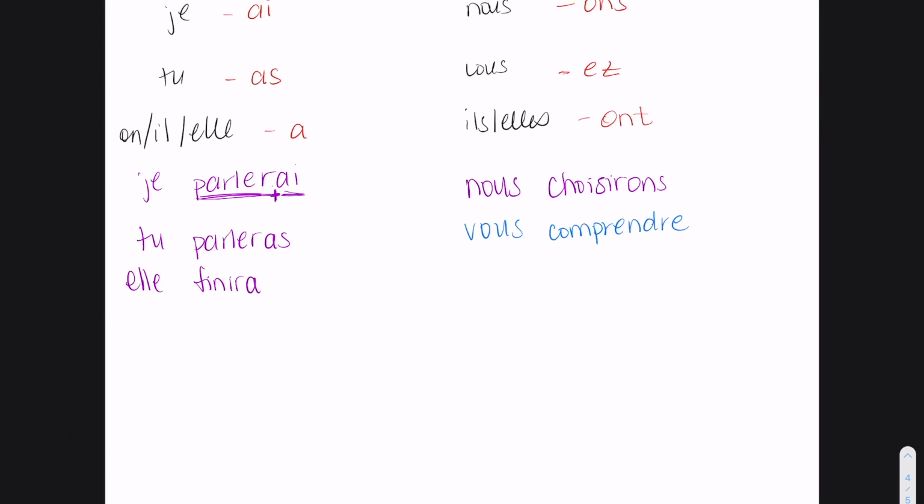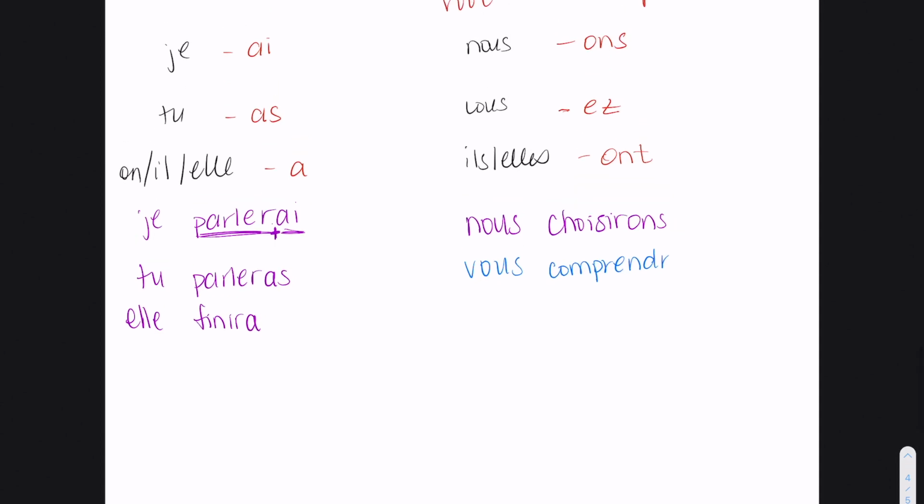Then what you're going to do is take off the E. So erase the E. And then go back and look at your endings and say, okay, for vous, I have to add an EZ onto the end. So, vous comprendrez. Okay? So in that case, we actually could have kept the E on and just added the Z. But I'm just trying to show you the steps all the way through.